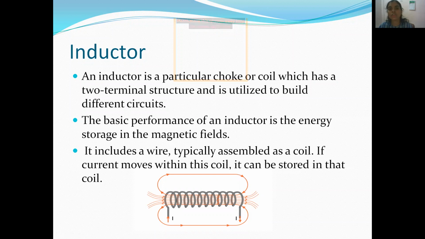The opposition to current flow of an inductor is proportional to the frequency of that current through it. These instruments are introduced as a coil because most of their construction is based on a section of wire and coil.